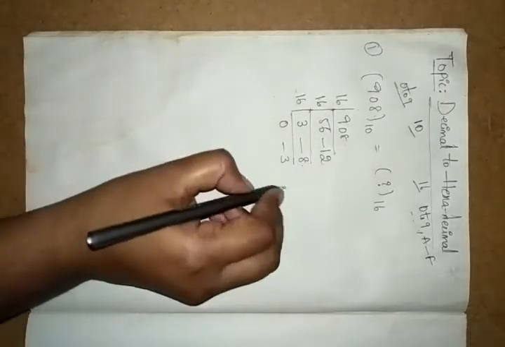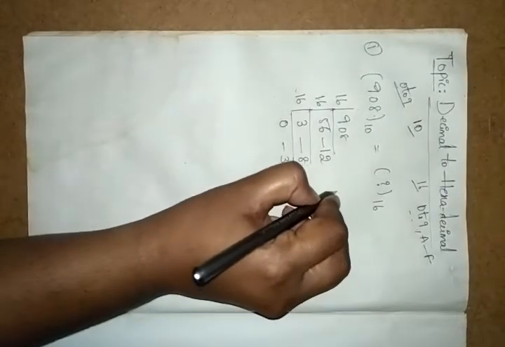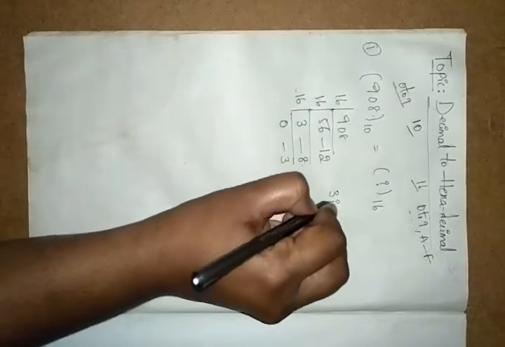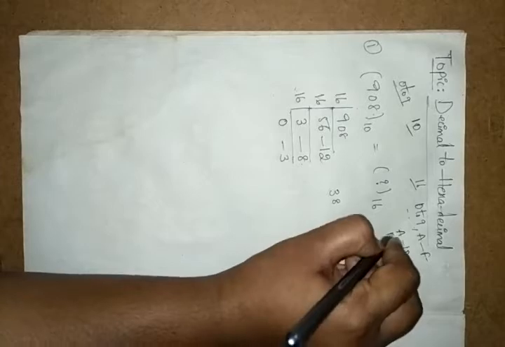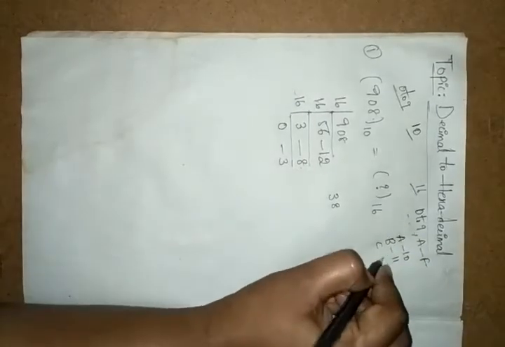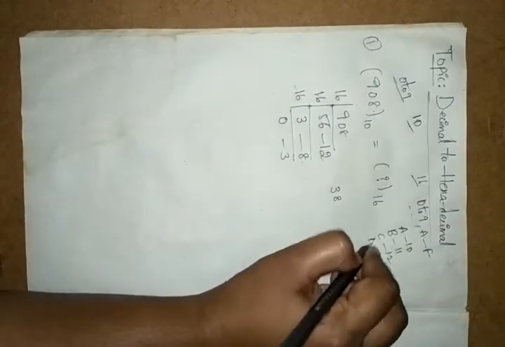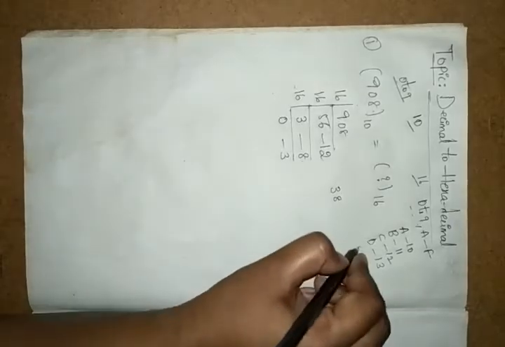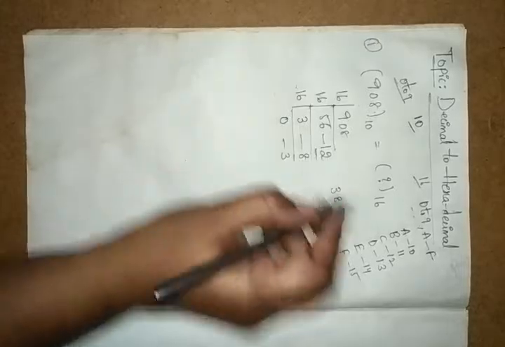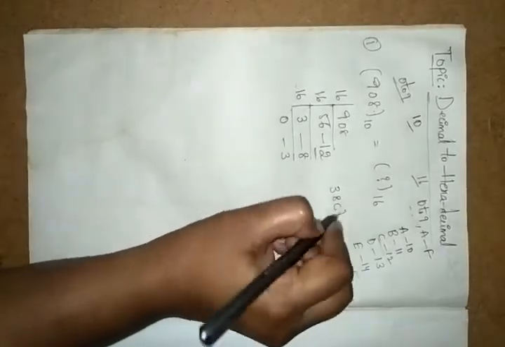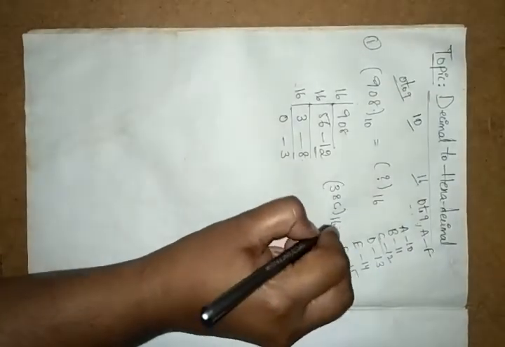So here we got 3 8 12. What does 12 mean? A means 10, B means 11, C means 12, D means 13, E means 14, F means 15. So 12 means C, and you can place C in base 16.